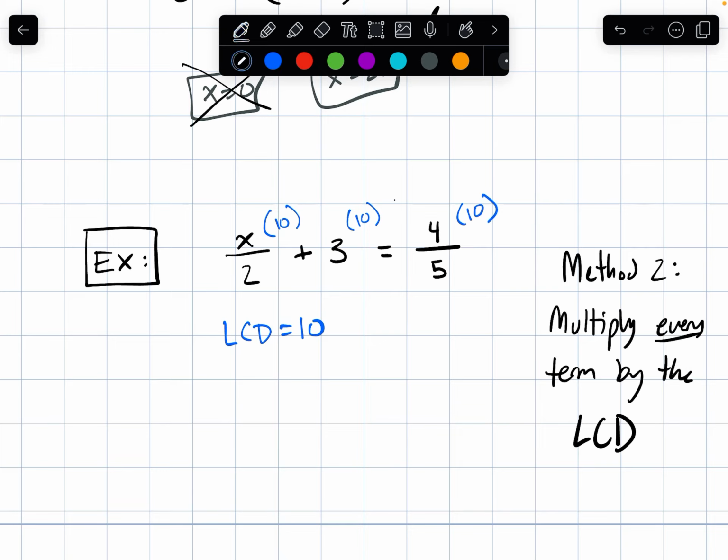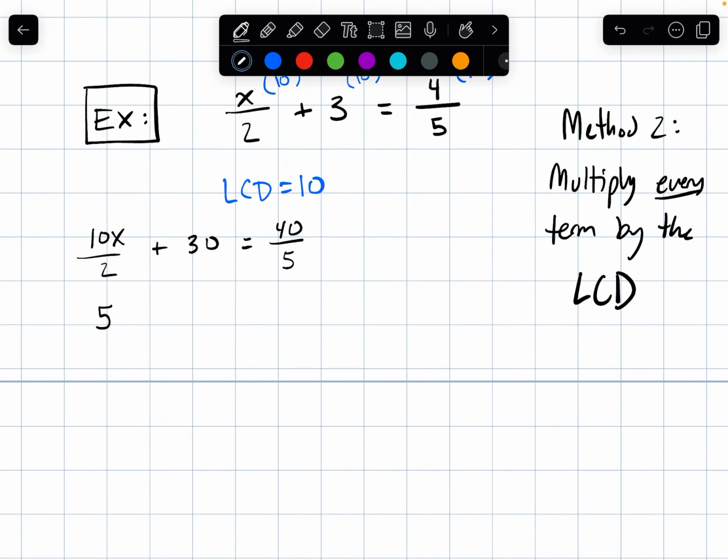Now, once I do that, I'm going to see a lot of canceling out. So basically, I've got 10x over 2. We know that 3 times 10 is just 30. And 4 times 10 is 40 over 5. Well, I can reduce all of these, right? 10 over 2 is just 5x plus 30, and 40 divided by 5 is 8.